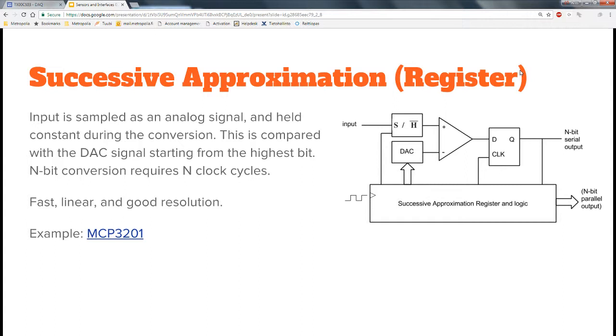You cannot do the same rates with the same accuracy with these sigma deltas. And flash converters would be much more complicated, which means more expensive. So a SAR type of analog to digital converter would be your correct choice.